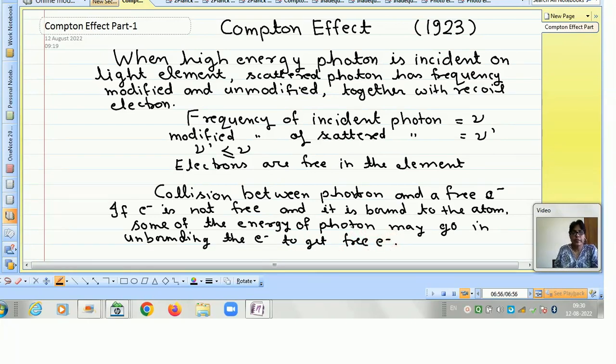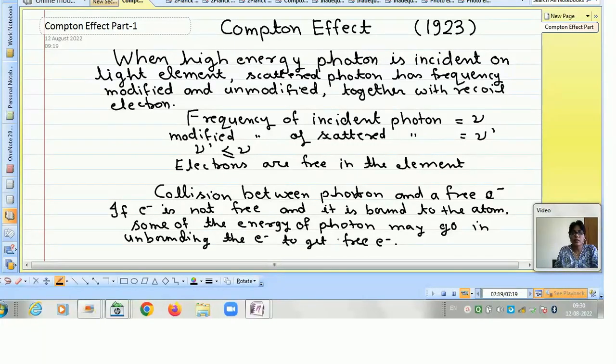Now because in Compton effect the energy of the incident photon is very large, the energy spent in unbinding the electron in the light element is very small in comparison to its original energy. So we can neglect this energy which is spent in unbinding the electron to get a free electron.